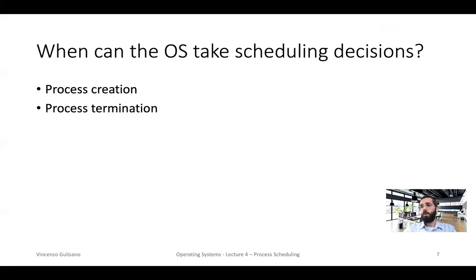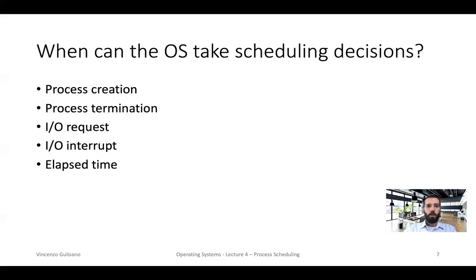Similarly, when you terminate a process, that's a point in which you give control to the operating system, and one of the things the operating system can do is to decide what is the process I will run next. And then we have input-output requests and input-output interrupts. So all these four are possible moments at which the operating system can take decisions about what to schedule.